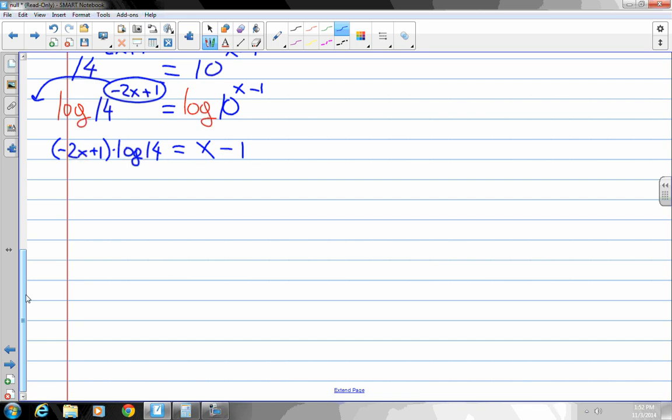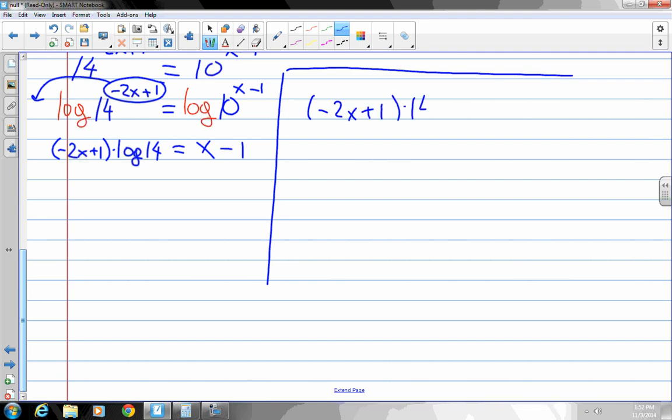Well, before we do that, just to make sure we're on the same page, let's say I don't have log of 14, I just have 14. Just forget about log for now. Let's solve this equation. How would you solve that equation? What would you do first? Distribute 14. You would open up the parentheses, because that's the linear equation.